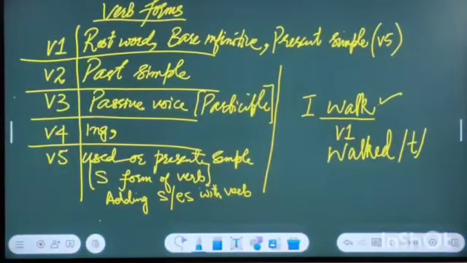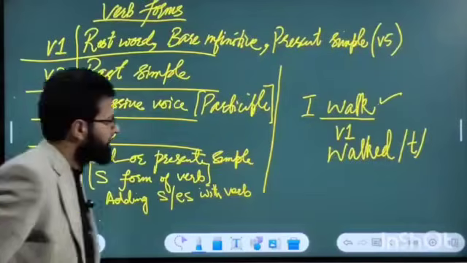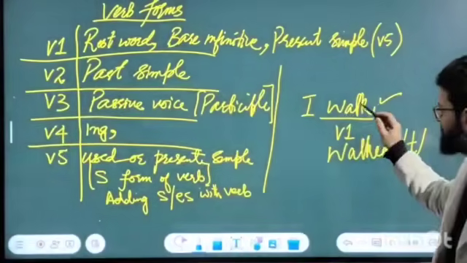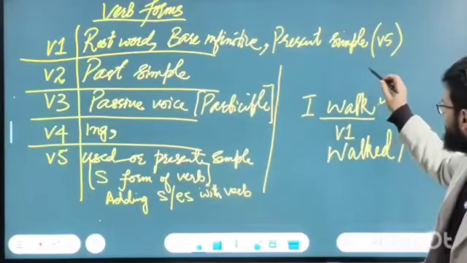Sing. What can be the V5 of sing? Sings, right? Ending the word with S or ES is V5. V5 and V1 are always used for present simple. If I walk, I've used V1 in present simple.